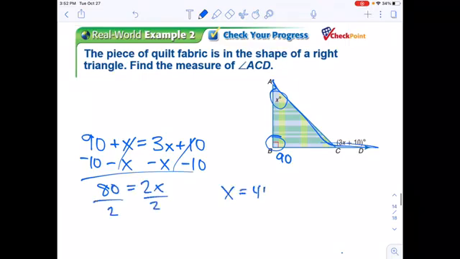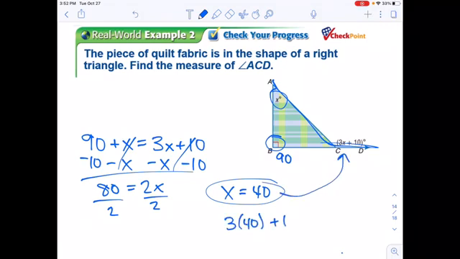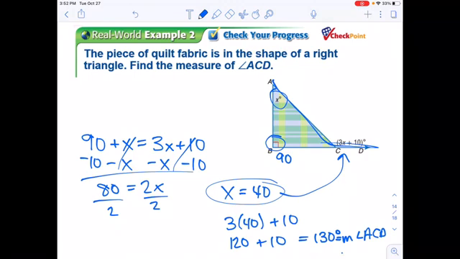So x is going to equal 40. Once again, we can just plug this guy in. So 3 times 40 plus 10. 120 plus 10 equals 130 degrees for the measure of angle ACD.